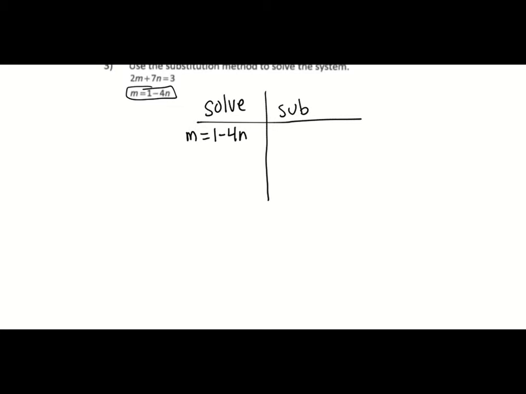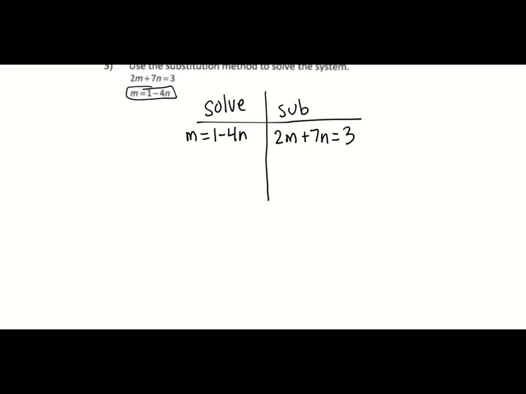Okay, let's look at one more example. My equation that is solved for by itself, I have m by itself in this one. So I'm going to put that one on this side. And then that puts my other equation in the substitution side.